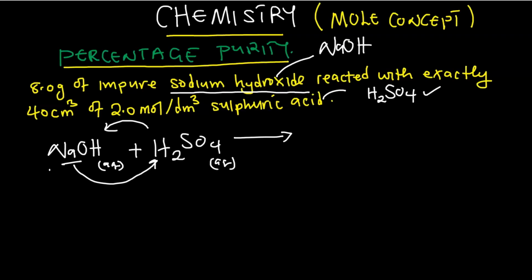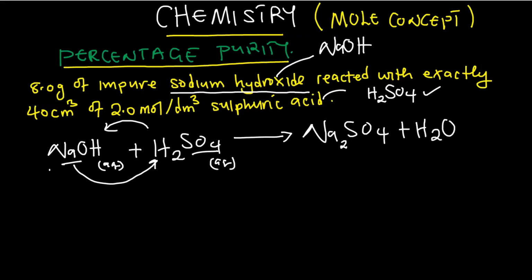So what is going to form is sodium reacting with the sulfate as a radical. You know that sodium has a valence 1 and sulfate has a valence 2 as a radical. So we are going to find sodium like this and sulfate, then plus water.